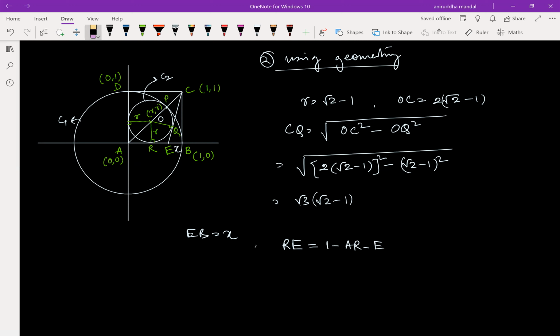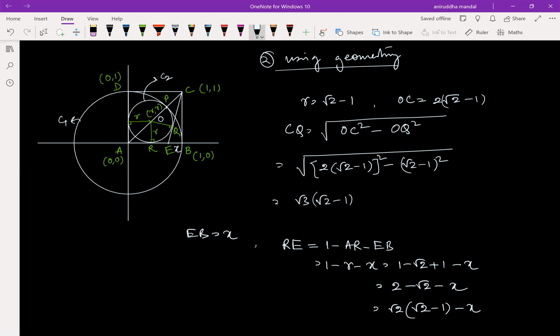AR means the radius. Radius is root 2 minus 1. So this is 2 minus root 2 minus x. So we can write this as root 2 into root 2 minus 1 minus x.